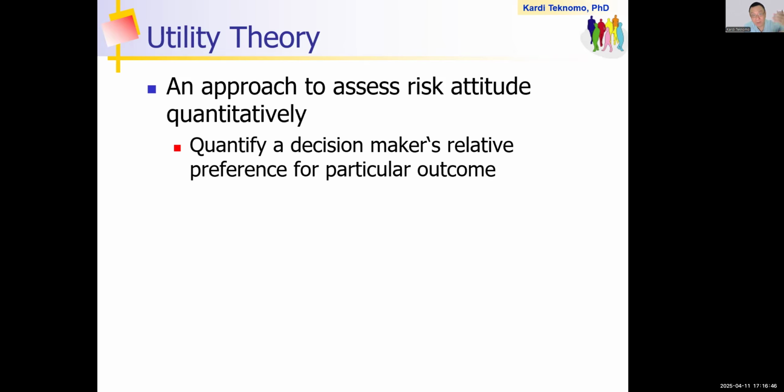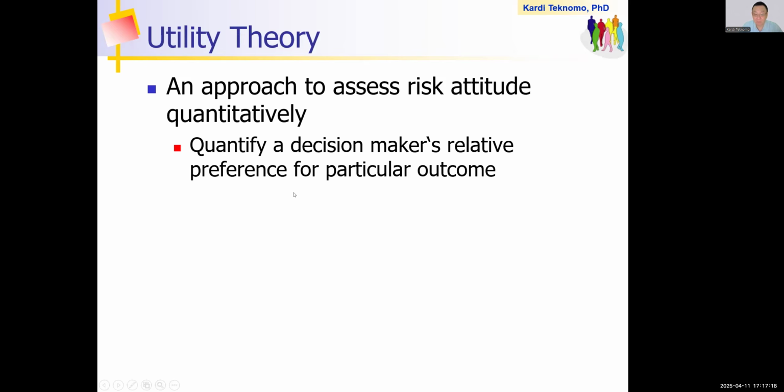As you recall, an ordinal number is any number that has order and distinction, but you cannot take differences or multiplication. So there is no scaling here. Utility is just a quantified decision maker's relative preference.